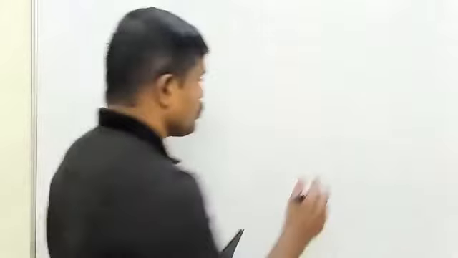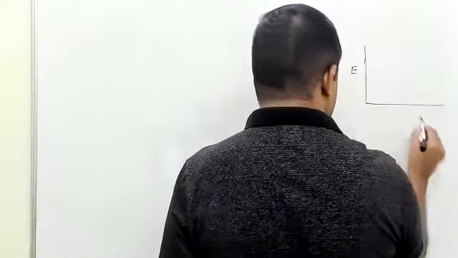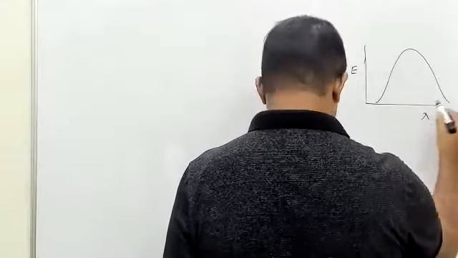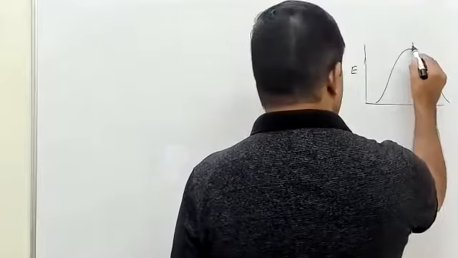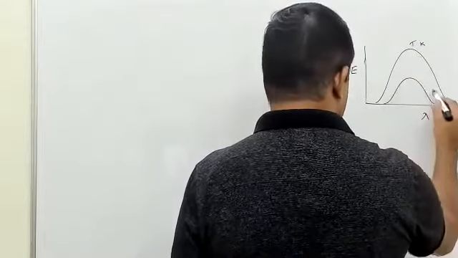The value of temperature is... you've been given 2 graphs here. Look at the graphs. This is E lambda; I've taken E here and lambda here. There are 2 graphs drawn. One graph is at T Kelvin, and another graph is at 2000 Kelvin.